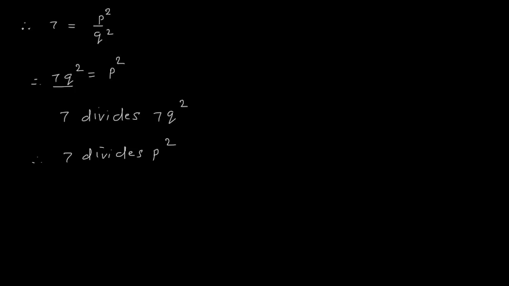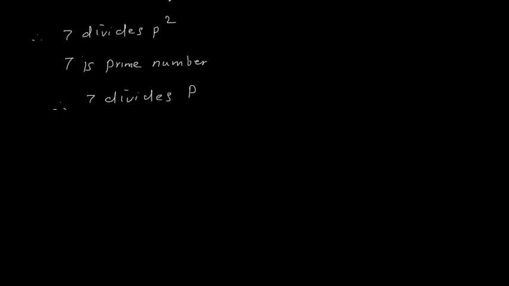Now 7 is a prime number. Therefore 7 divides p. Okay. Now what is the next step? As 7 divides p, I will say that therefore p equal to 7m.